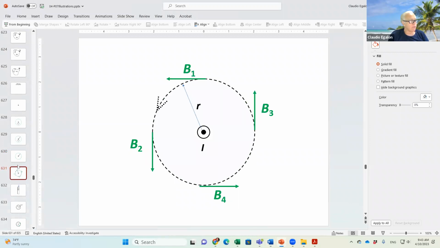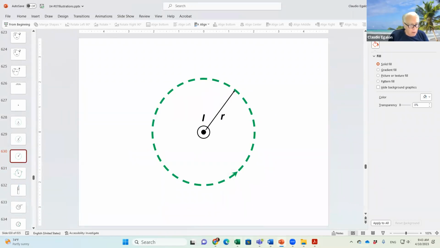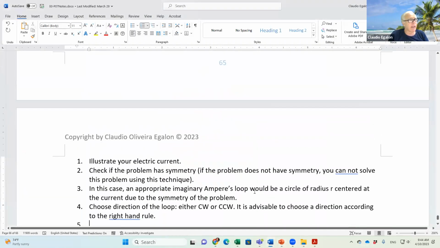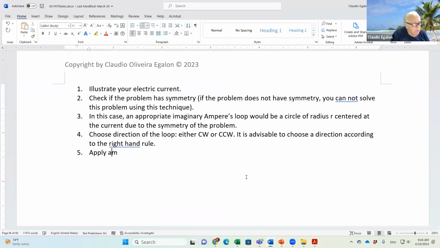Okay, we start solving our problem. Notice that we have a single path, and the single path is a circular path, because the loop is a circle.